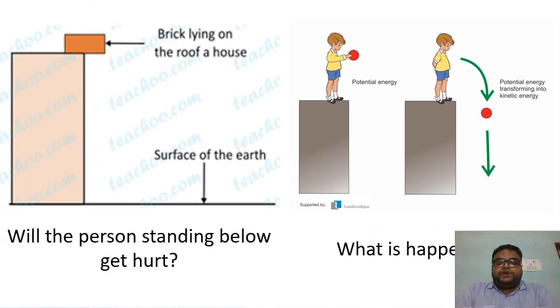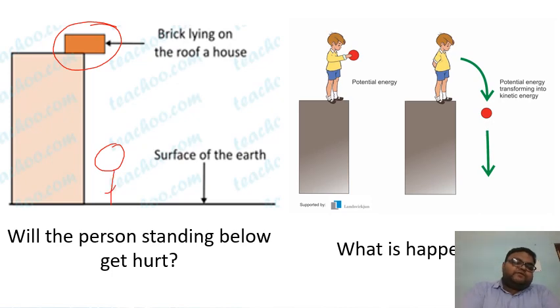So I will be showing you this picture. Please look at this picture and tell me what you can see. Yes, students? Right. From this picture, you can see that a brick is there on the roof of the house. Now, if I place you here and this brick falls from here, you will get hurt or not?